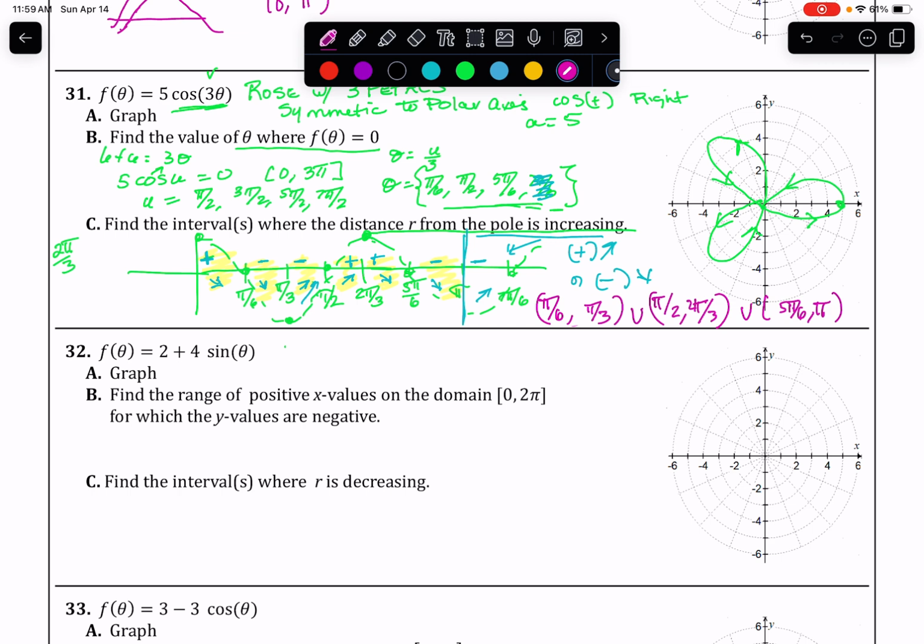Now, if you want to look at what's going on, I get back to 0. Let's compare these two. Let's just take a second. Compare the sign chart in your picture.